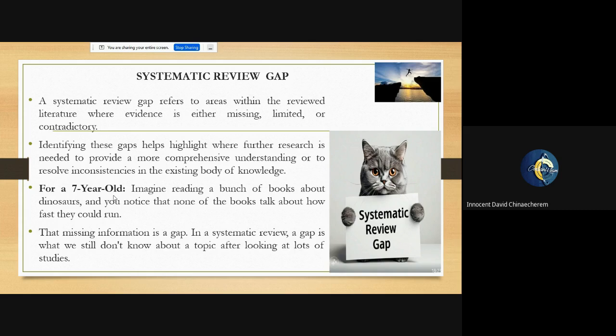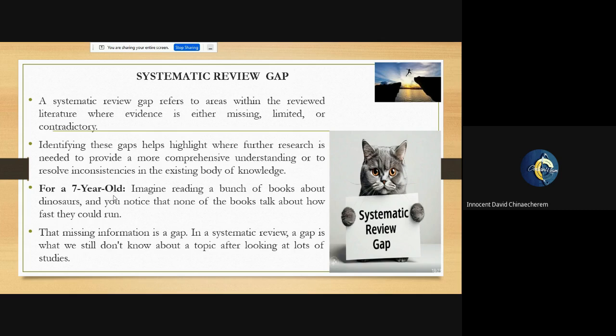So gap identification is not usually something that you can do in a snapshot, particularly for systematic review, because one problem most PhD students always have is that they feel that their research is unique. The reason is that they don't search. We have a lot of databases out there. We have PubMed, we have Medline, we have CINAHL, which is the Cumulative Index to Nursing and Allied Health Literature, right?